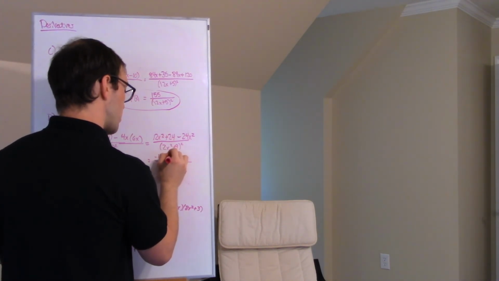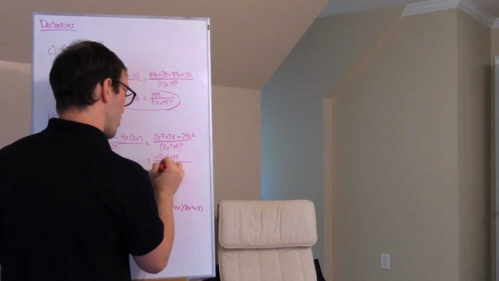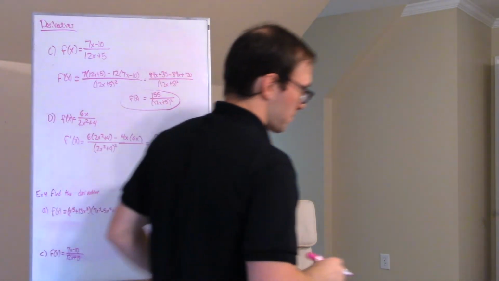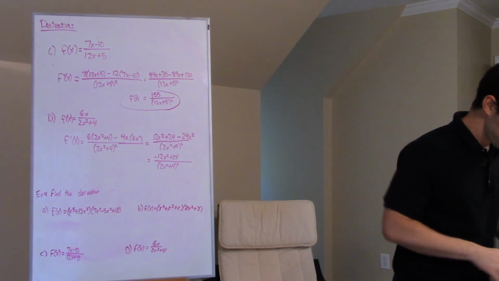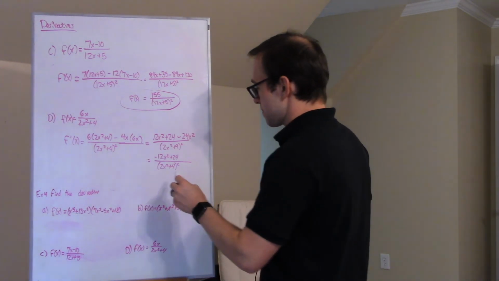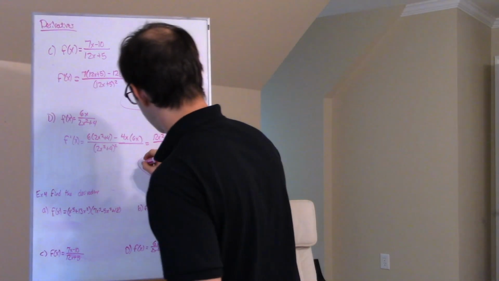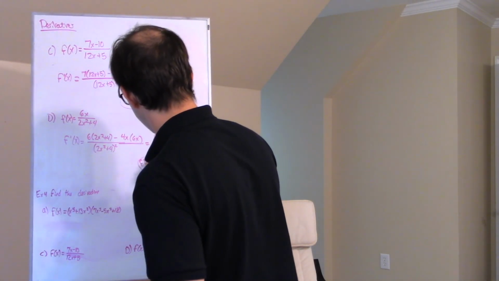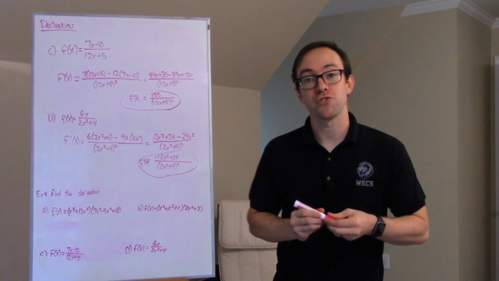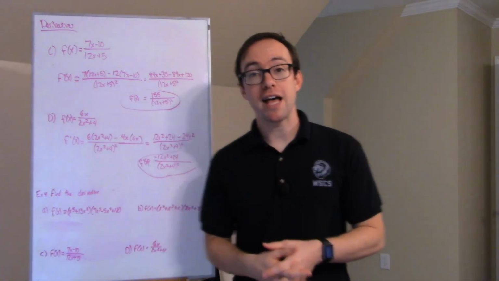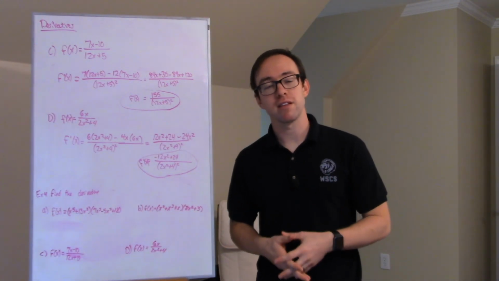Negative 12x squared plus 24 over 2x squared plus 4 squared. And that is your answer. And that finishes up the last example for this lesson.